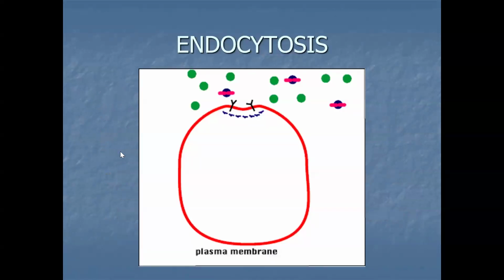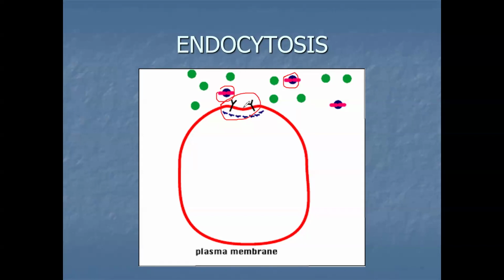Now, look at the case of endocytosis. This is endocytosis. In this case, this is how some of these molecules, we call this structure here a vesicle. This is a vesicle. What they will do is bind to these molecules.